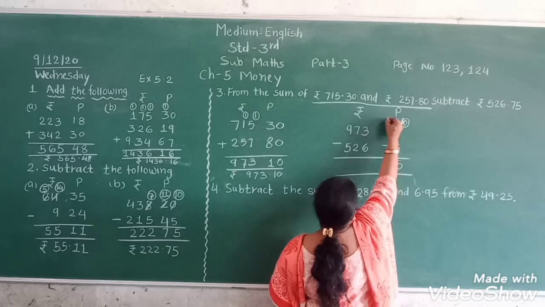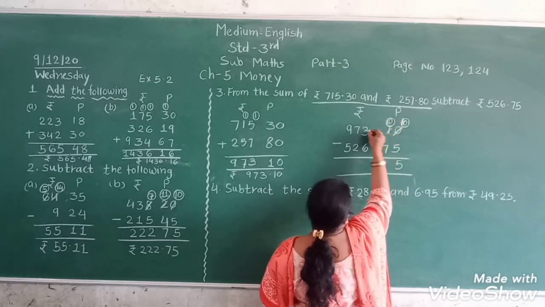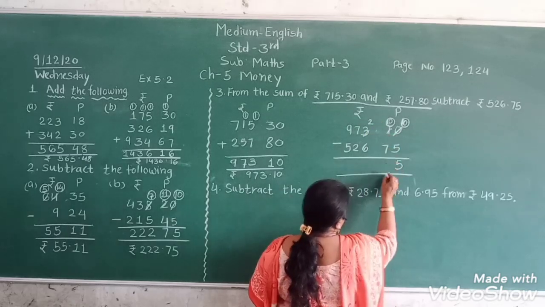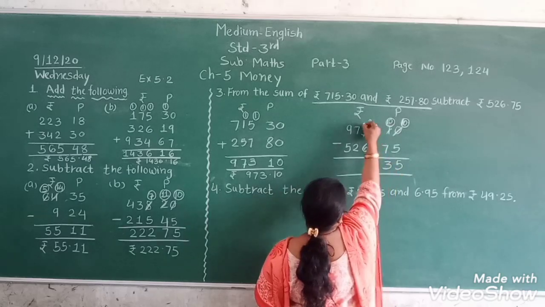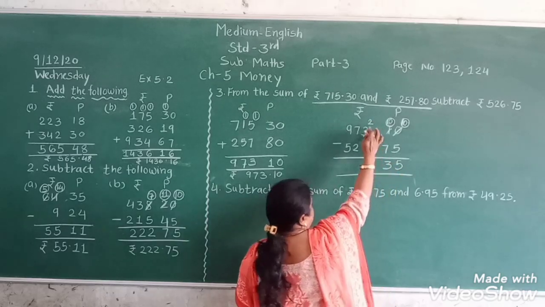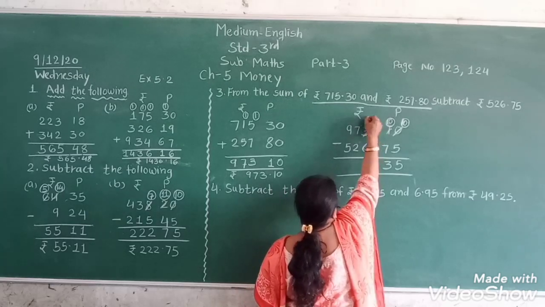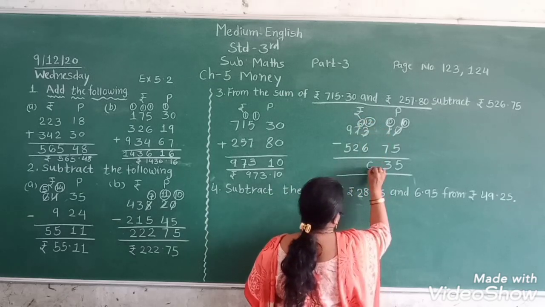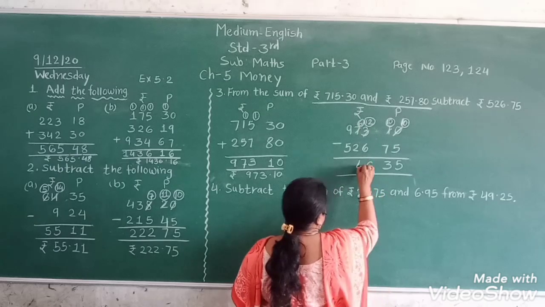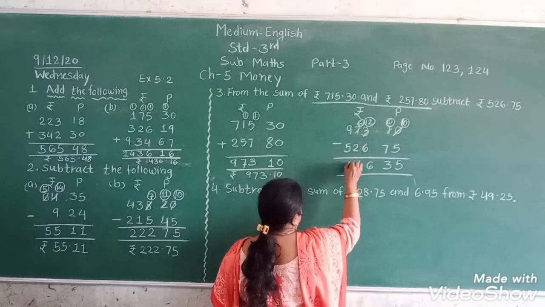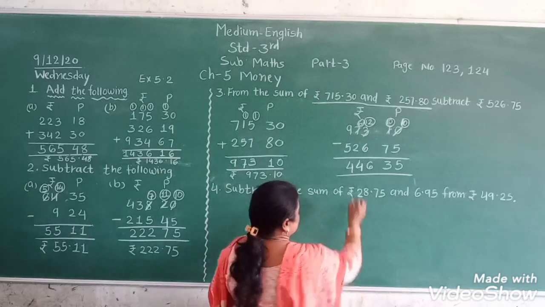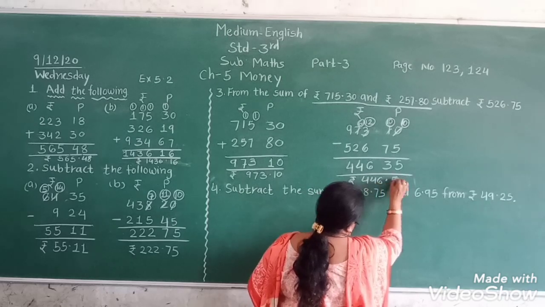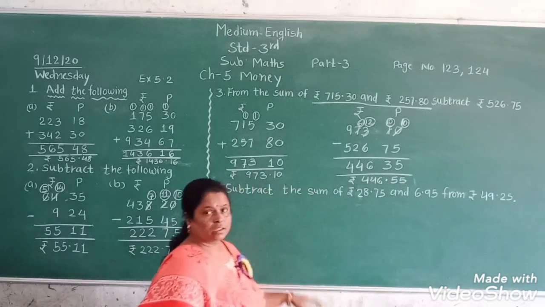We take borrow again. Okay. Here 2. 10 minus 7, 3. Now 6 cannot be subtracted from 2. We take borrow again and here 6. Okay. Now 12 minus 6, 6. 6 minus 2, 4 and 9 minus 5, 4. So rupees 446 and 55 paise. Okay.